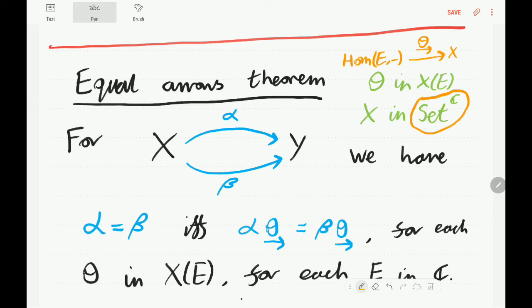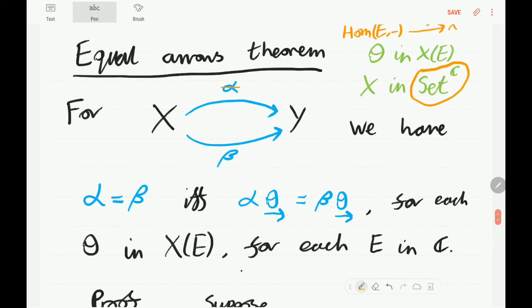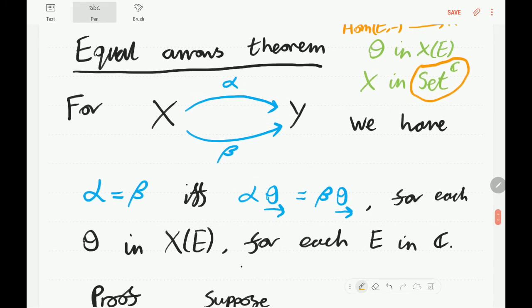Okay, so suppose in the category set to the power of c, we have an arrow alpha from x to y and an arrow beta from x to y. Well, this theorem tells us that we're going to have alpha equals beta if and only if alpha after theta under arrow equals beta after theta under arrow for every element theta in x of e, for every object e of c.